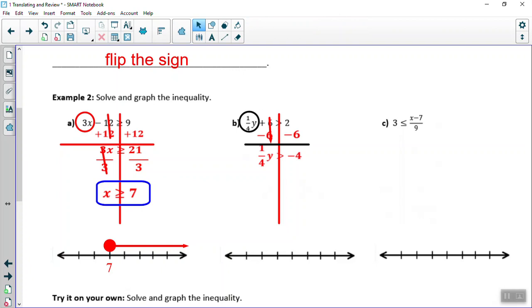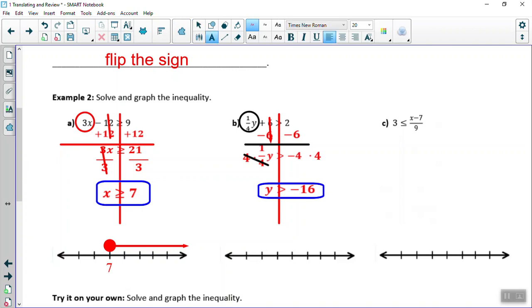All right, in order to undo this division, remember multiplying something by 1/4 is the same as dividing by 4. So to undo that divide by 4, I can multiply both sides by 4, which cancels those out. And we are now left with y is greater than -16. So now I'm going to place my -16 in the same spot that yours is, so it's about here.